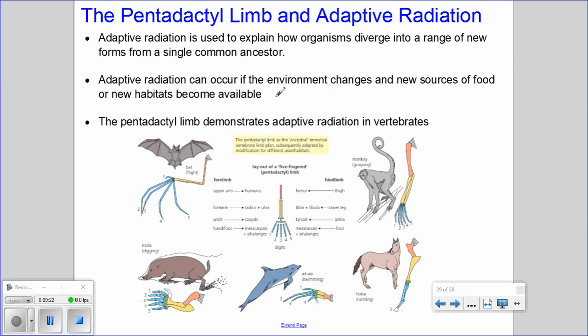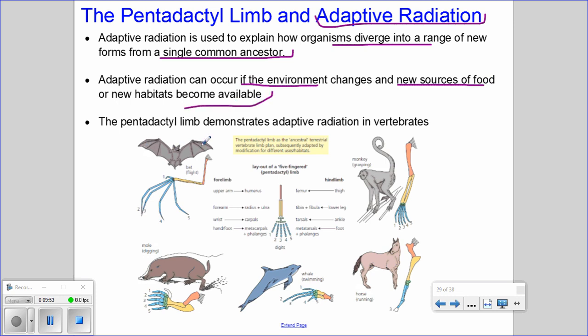The pentadactyl limb is also an example of adaptive radiation, or the different uses of the pentadactyl limb is an example of adaptive radiation. Adaptive radiation is used to explain how organisms diverge into a range of new forms from a single common ancestor. Adaptive radiation can occur if the environment changes or new food sources or new habitats become available.